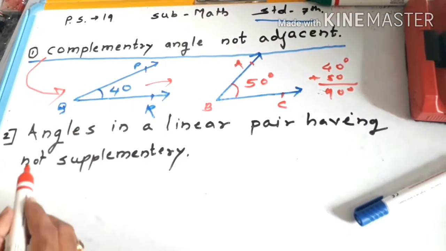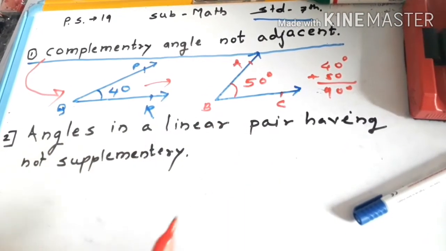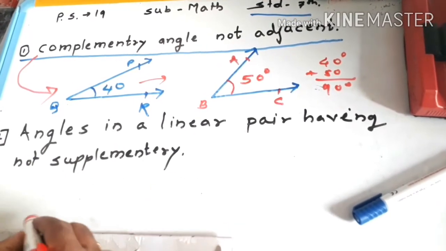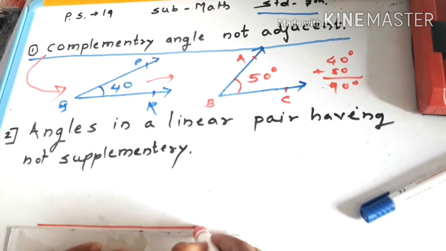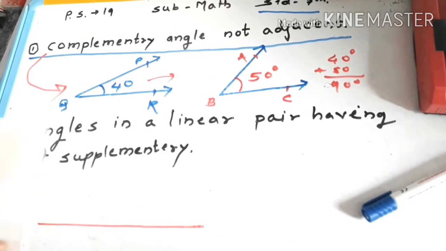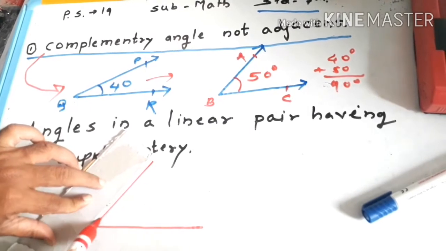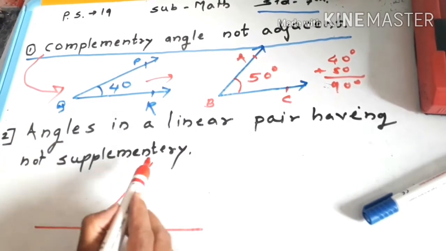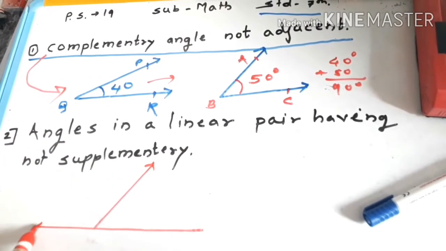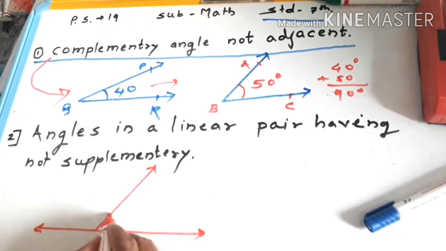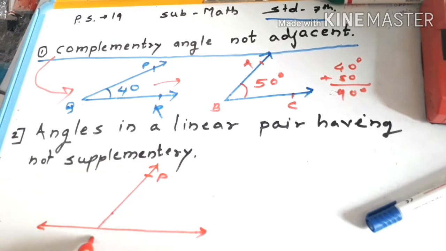So another question is: angles in a linear pair that are not supplementary. We draw here a figure of angles in a linear pair. We just saw before that for angles in a linear pair, one arm is common and the other arms form a straight line, which is the definition of angles in a linear pair.